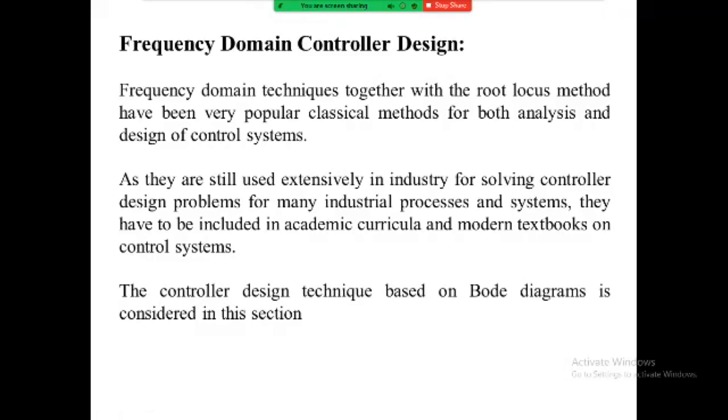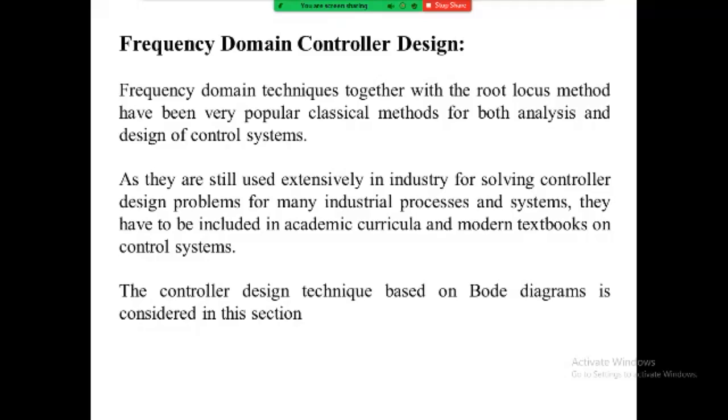The controller design techniques based on Bode diagram are considered in this section, and it is shown how to use the phase lag, phase lead and phase lag-lead controllers such that the compensated system has the desired phase and gain stability margin and steady state error.